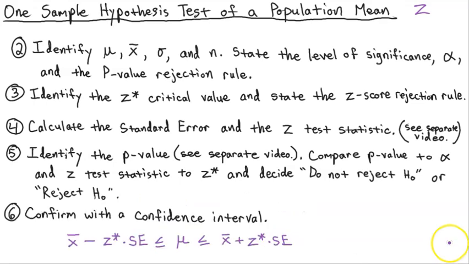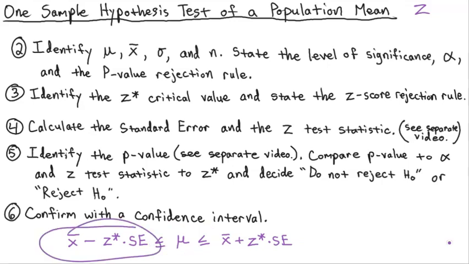All right, step 6, the last thing you're going to do is confirm your decision, reject or do not reject, using a confidence interval. Now the confidence interval is really easy when you've already done all these steps. As you should recall from a confidence interval, you're going to put these less than or equal to symbols around mu in the middle.